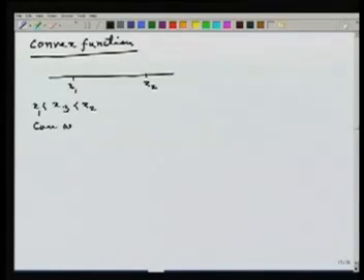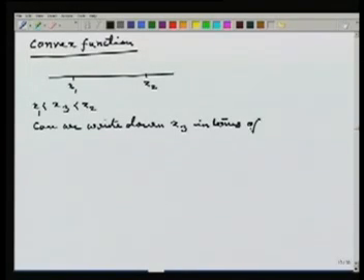So the question is, can we write down x3 in terms of x1 and x2?